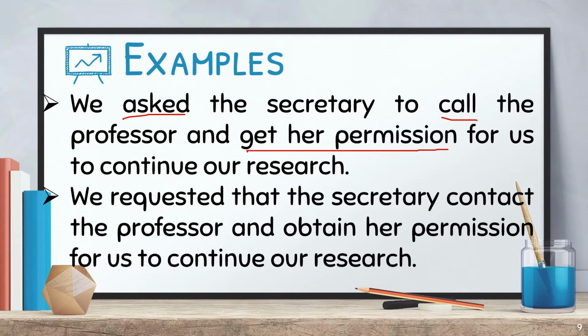In the second sentence, the writer used more serious words such as requested, contact, and obtain permission. This sentence is formal and is appropriate to use when talking to or writing to a person of authority.